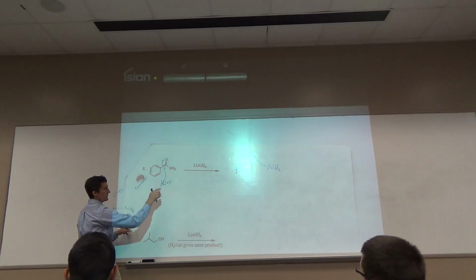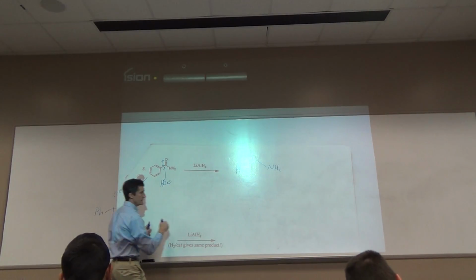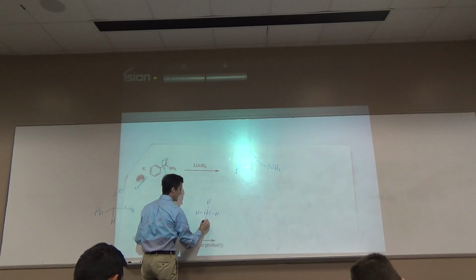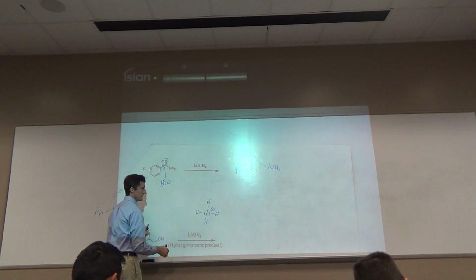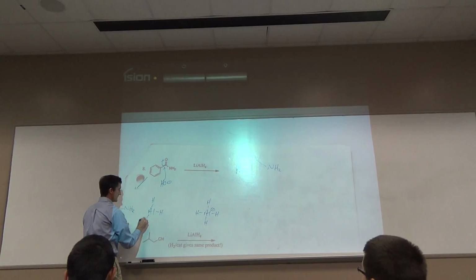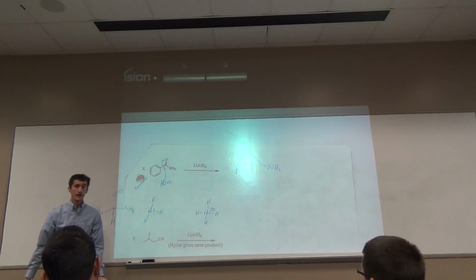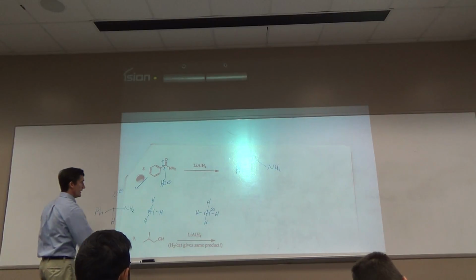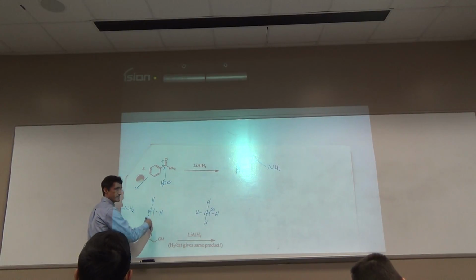After the aluminum hydride gives up a hydride, what does it become? It becomes just AlH3, right? AlH3 is like AlCl3. AlCl3 is a Lewis acid we use for Friedel-Crafts. You've got a Lewis acid here.